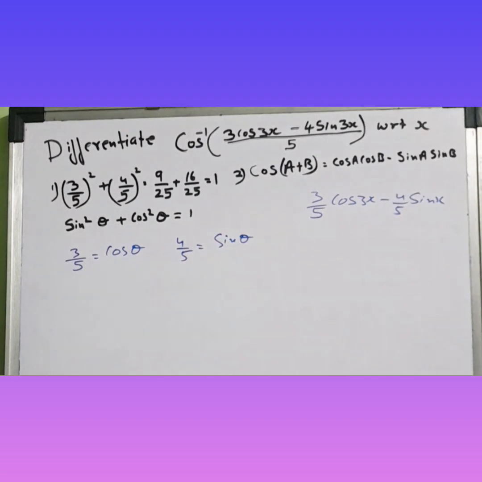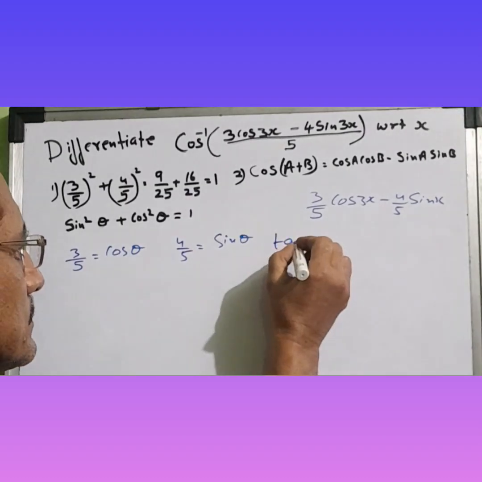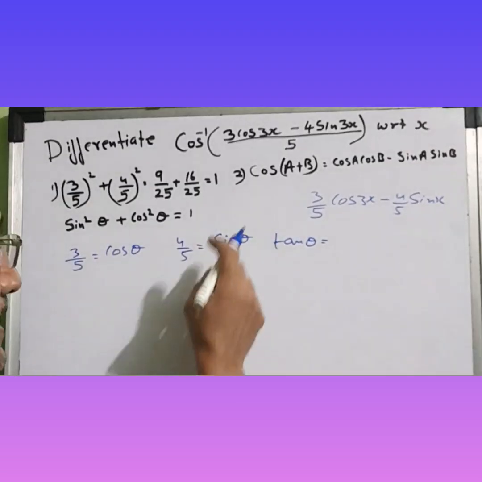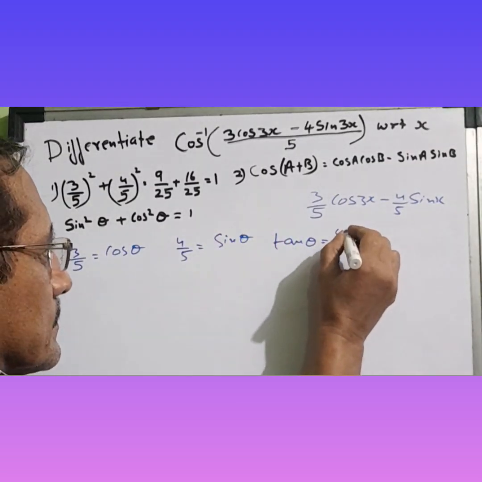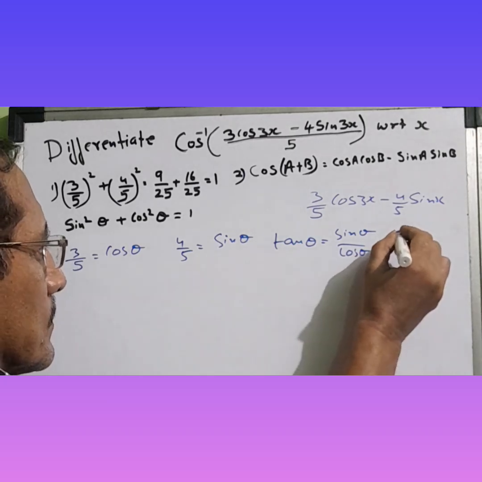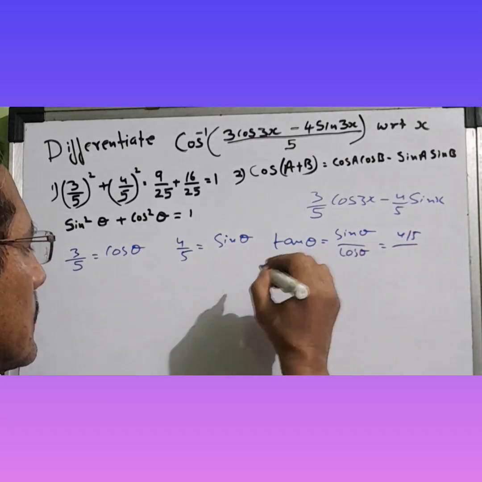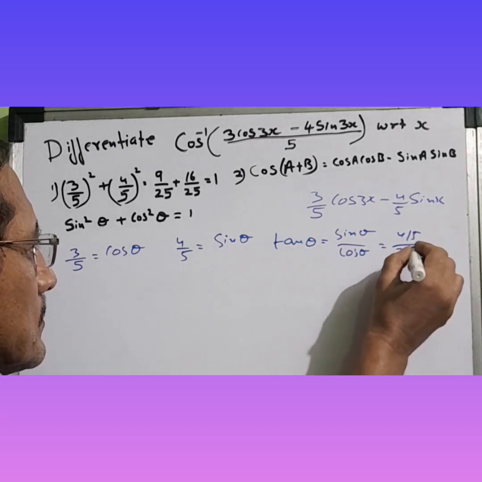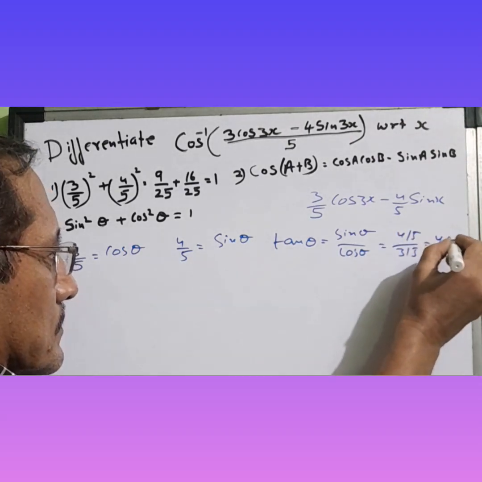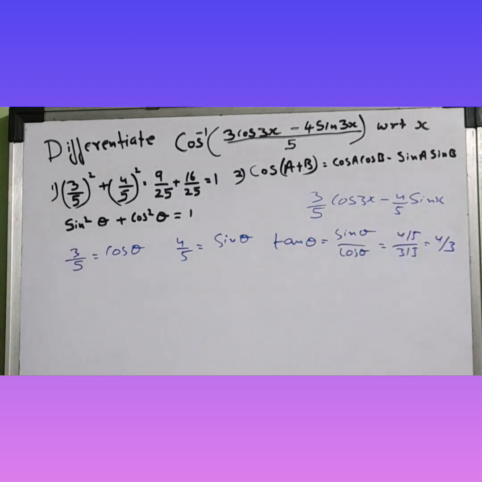Alright? And does it also mean that tan theta is equal to sine theta over cos theta? Does it also mean this?